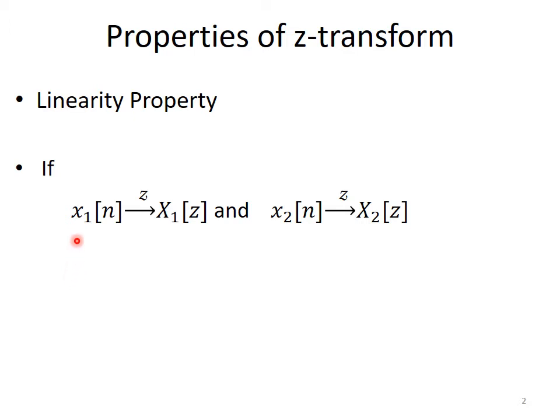For this, let us consider two signals x1 of n and x2 of n, and let's say that the Z transform of x1 of n is X1 of z and the Z transform of x2 of n is X2 of z.